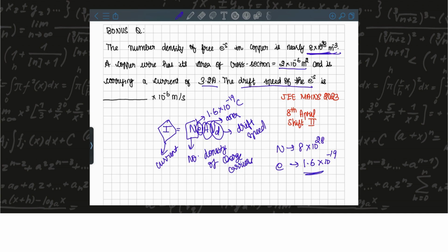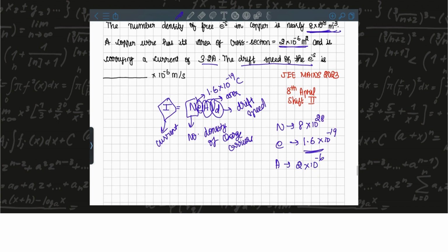A is the area of cross section, and they have given that to be 2 into 10 to the power minus 6. They are asking us to find the drift velocity, that is Vd, and they have also given the current value to be 3.2 amperes. I is equal to 3.2 amperes. Vd is the only thing that we'll have to find out.